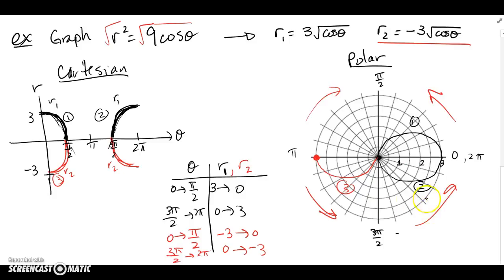At 3 pi over 2, I'm at 0, but when I sweep and get back to 2 pi, I'm back at -3 for my r value. So something like that happens there. That's piece 4, and this is piece 4. So again, this is symmetric.